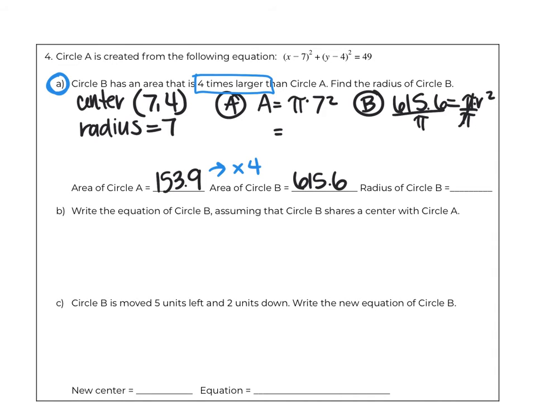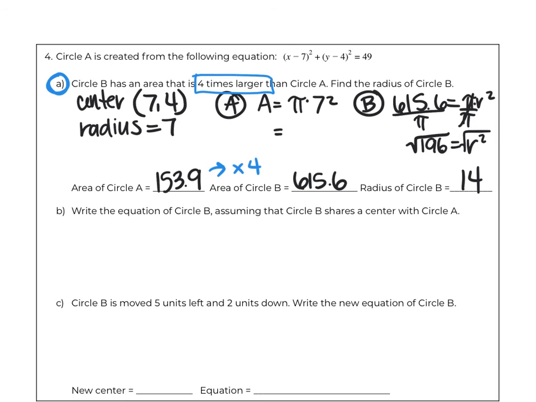I think it was 195.9 something, right? So yes, you do round that to 196. And we're going to take the square root to get rid of the r squared. So what's the square root of 196? 14. This radius should come to a whole number on your homework and the test, okay? So if that doesn't come to a whole number, you might have rounded wrong.